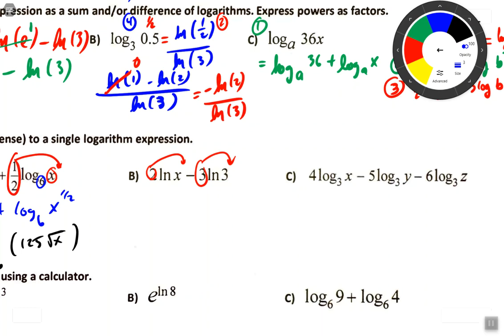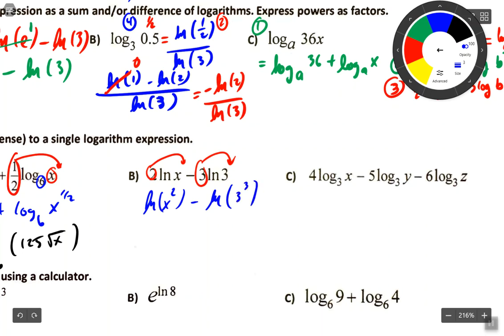So when I do that first part, I get natural log of x squared minus natural log of 3 cubed, which is what? What's 3 cubed? Y'all know this. 27. So if I'm subtracting, then that becomes natural log of x squared over 27.